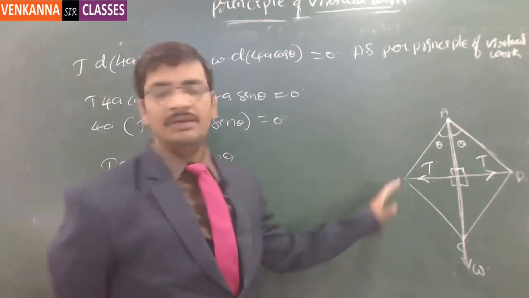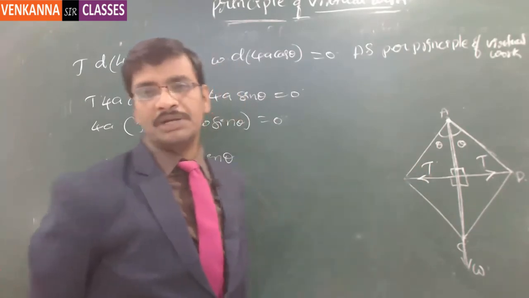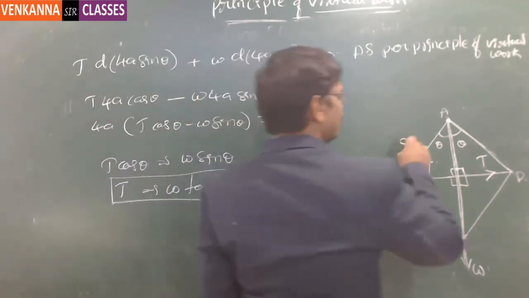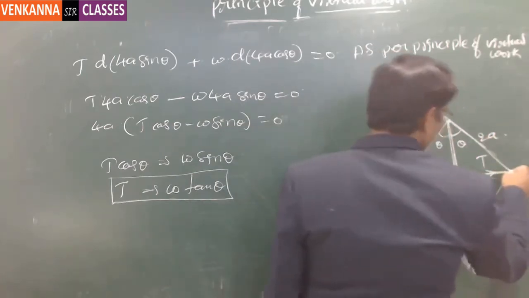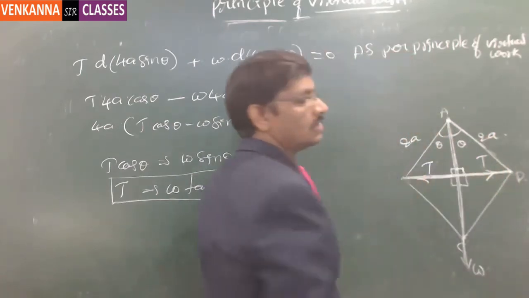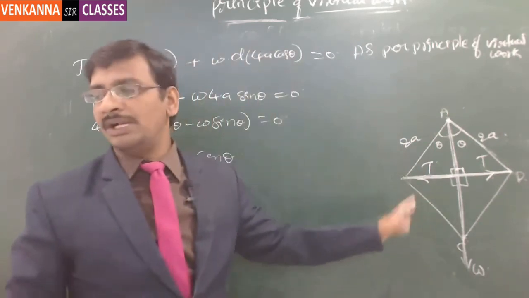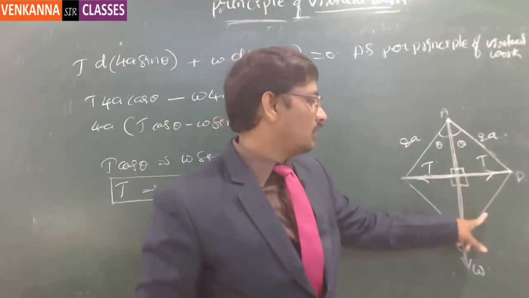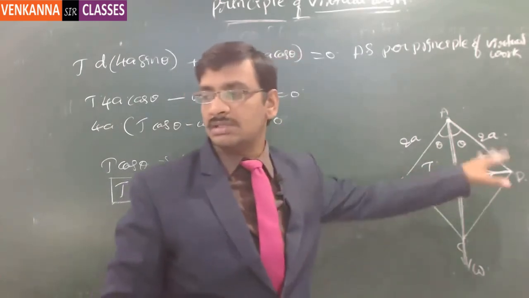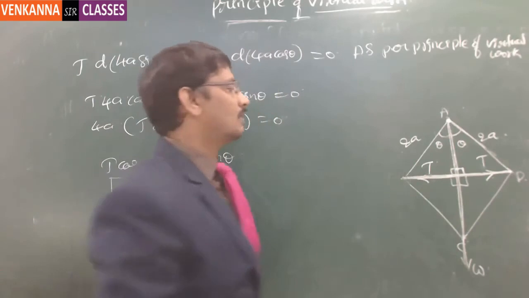Now initially, when the body is under equilibrium condition, if you notice, this length is 2a and this length is 2a, and this is also a rod. So initially this structure was built with 5 different rods. This is one rod, this is one rod, this is one rod, and this is one, and this is one. So these 3 are forming an equilateral triangle.